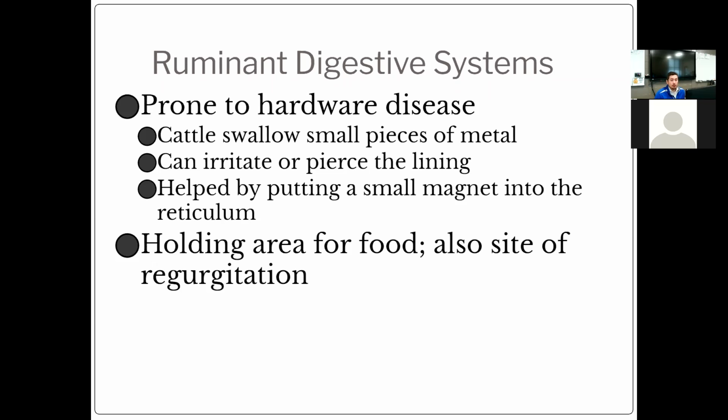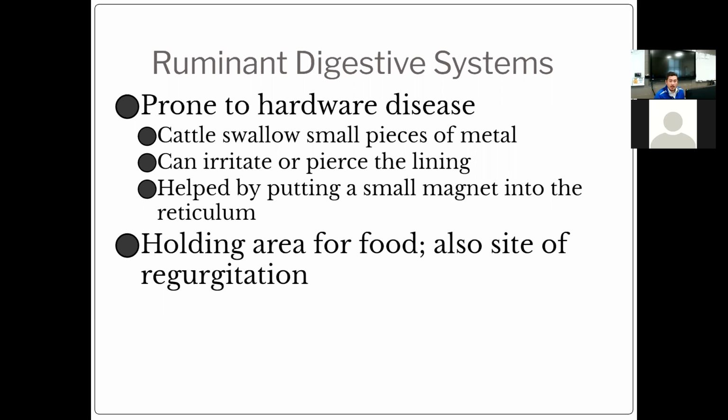So cattle or ruminants in general are prone to hardware disease. They swallow small pieces of metal, particularly when they're on large farms and that sort of thing. A piece of wire or a nail or a screw or a piece of old rusty piece of barn can fall into feed troughs, those things happen, and the cattle are going to eat it. So it can irritate, or worse yet, pierce the lining of either their esophagus or their stomach or their rumen.